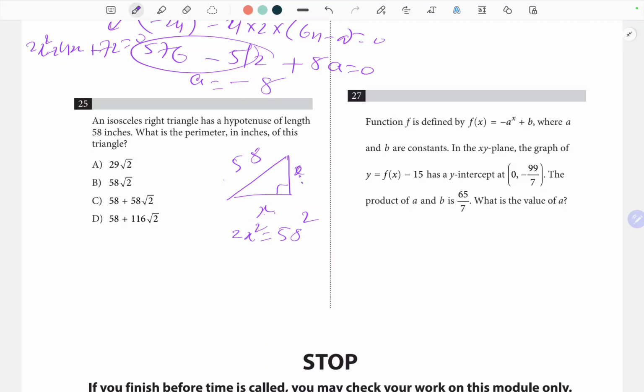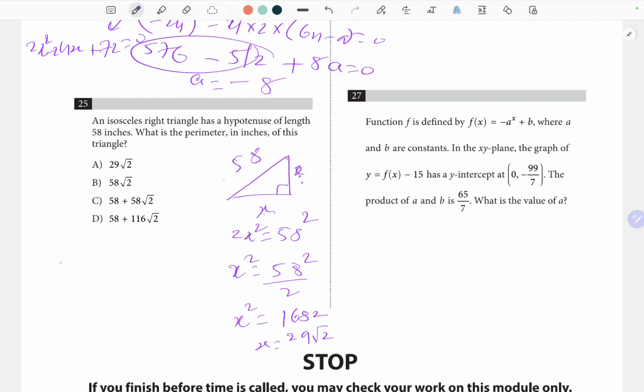So x square plus x square is 58 square, so x square is 58 square over 2. So what is x square, guys? Now 58 square divided by 2, that is 1682. Then x, I got 29 times root 2.